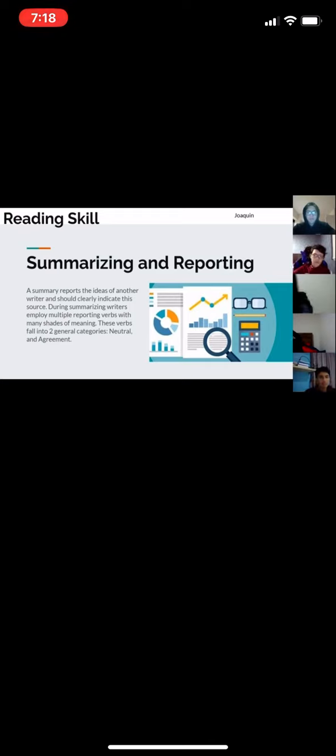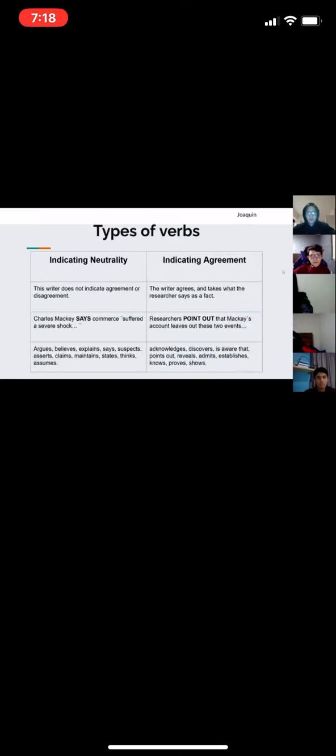These verbs generally fall into two categories. First, there are verbs indicating neutrality and verbs indicating agreement. When a verb is indicating neutrality, the writer does not indicate agreement nor disagreement with the author. An example of this would be, Charles Mackay says commerce suffered a severe shock.